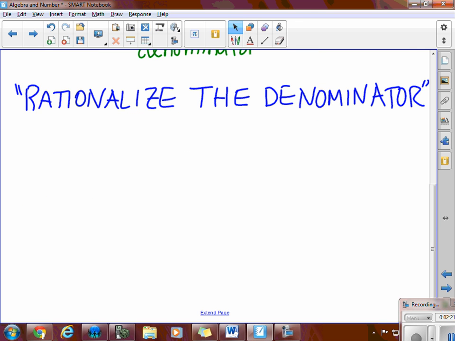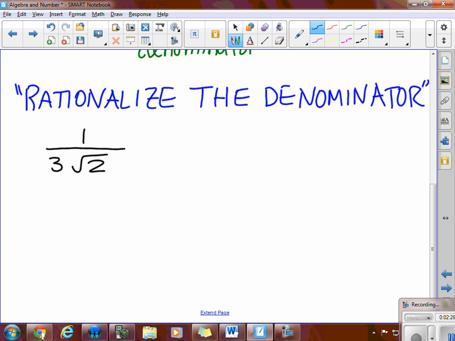So let's look at how we can rationalize the denominator from that last example. 1 over 3 root 2. To rationalize this denominator, just look at the denominator itself. I have a root 2 here.